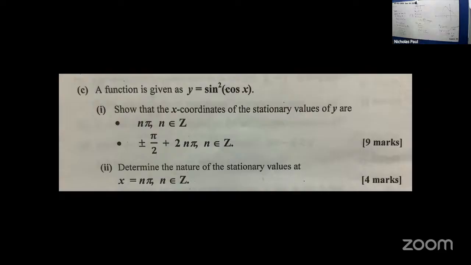Take your time. I want to see the first part, for example, the differential. We can make a little substitution or something.